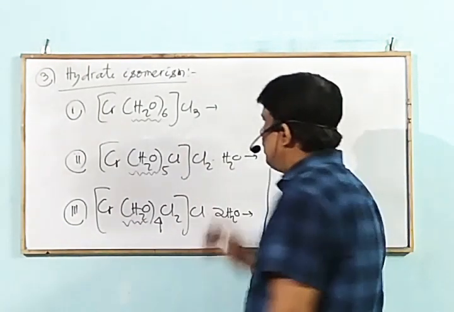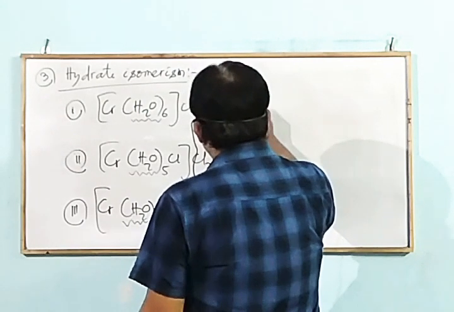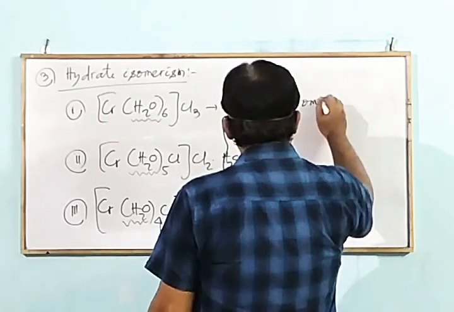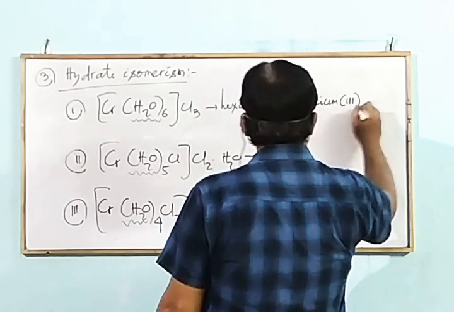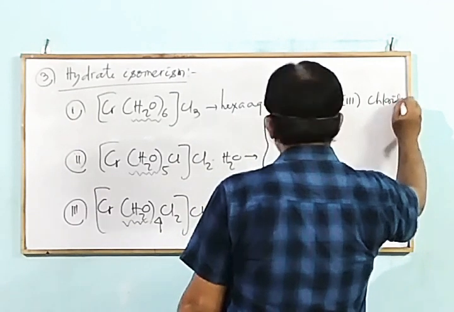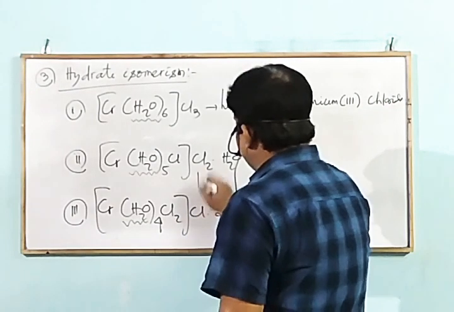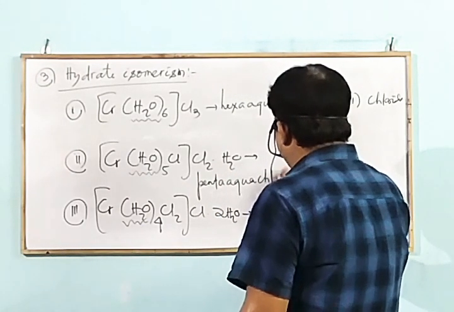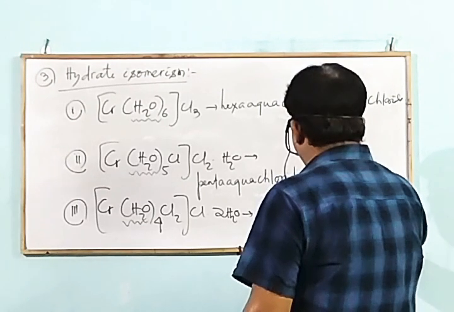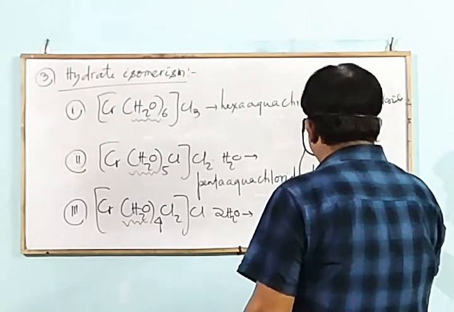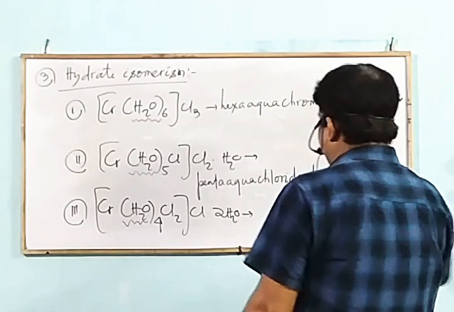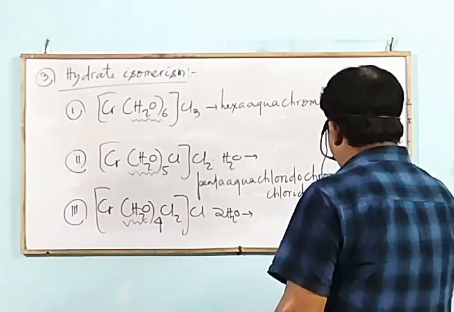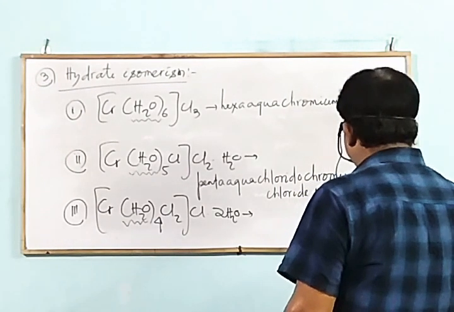So what is its name? Its name is hexaaqua chromium 3 chloride. Its name is pentaaqua chlorido chromium 3 chloride monohydrate.